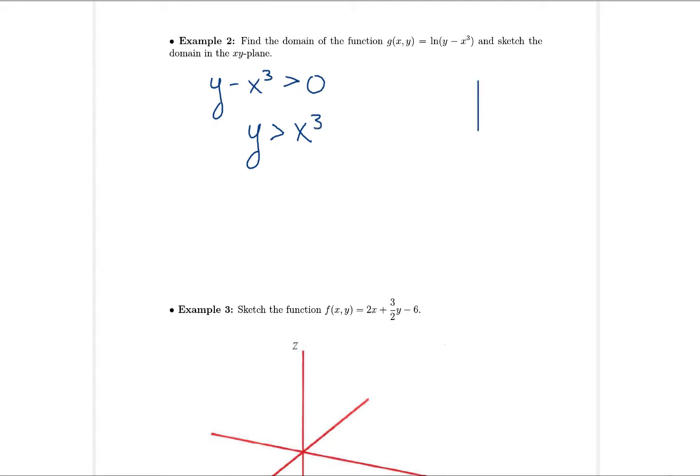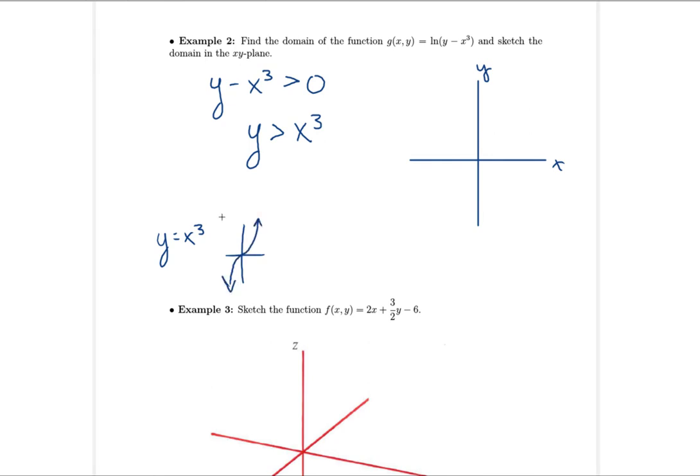Okay, so let's see if we can make sense of that. So if I sketch this, all right, here's my x, here's my y. All right, so first of all, y equals x cubed. What does that look like? y equals x cubed, right, is just this sort of thing, right?